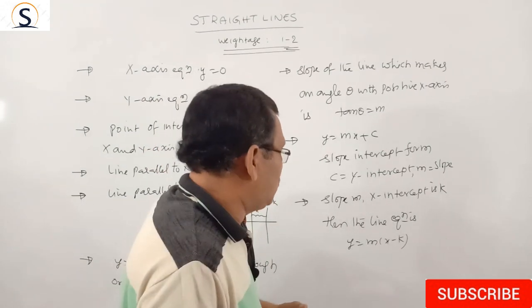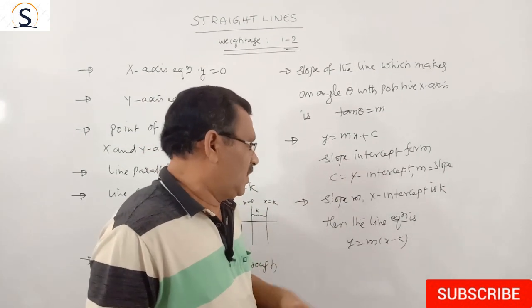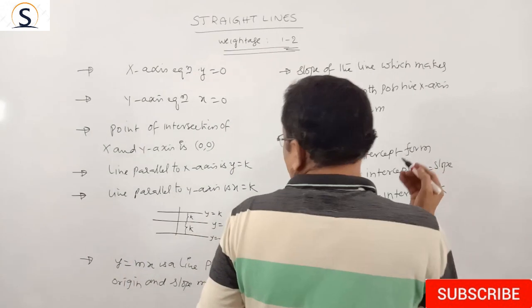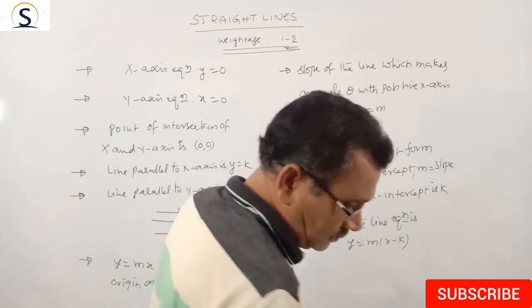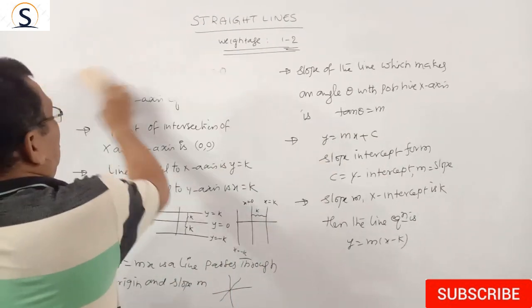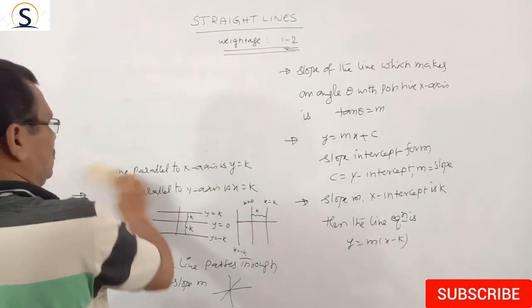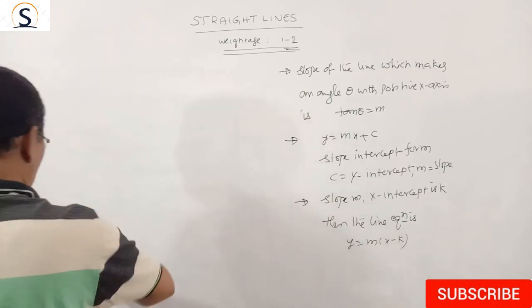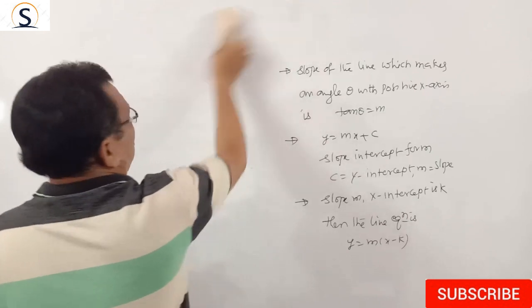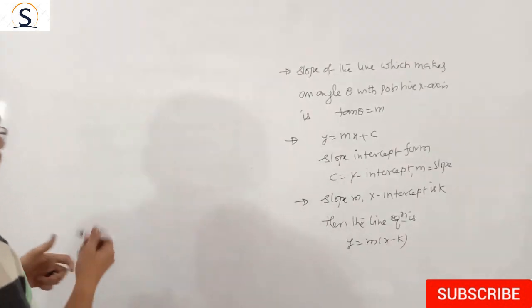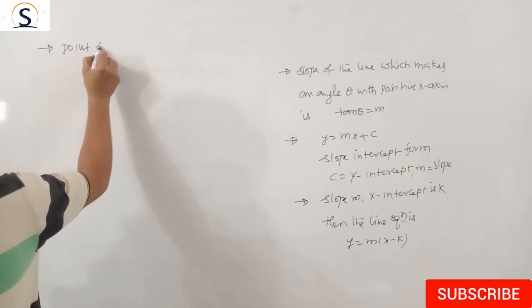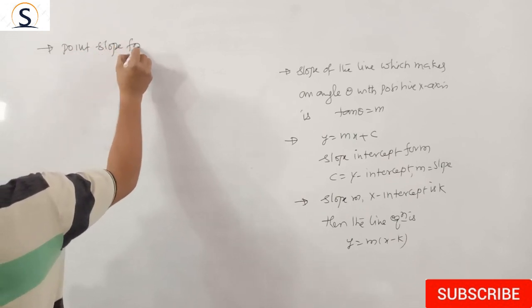Okay, now this is the slope intercept form. Next, the slope x-intercept form. Next one is the point slope form.